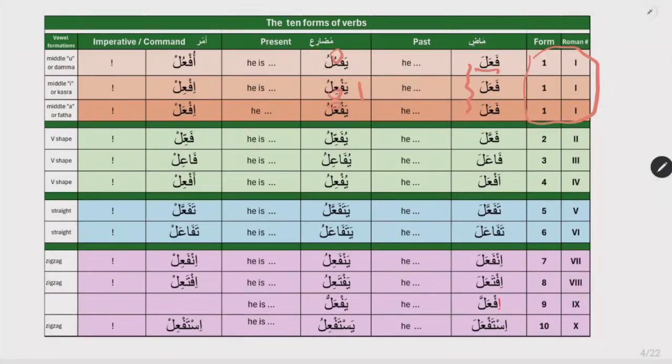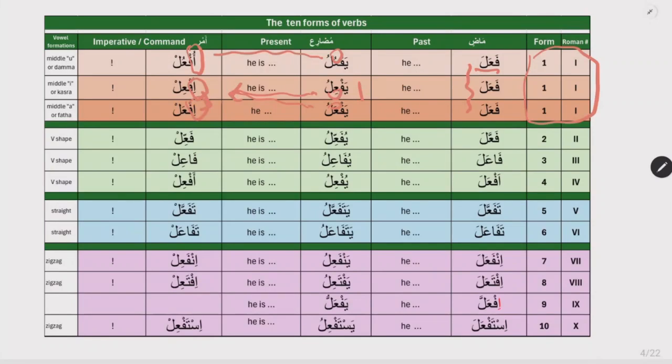And we said when it takes a dhamma in the middle, then the alif takes a dhamma as well, it agrees. But for the other two, the kasra and the fatha, those two become the same way, it takes an alif with the kasra. So these two, can you see, it takes alif kasra.